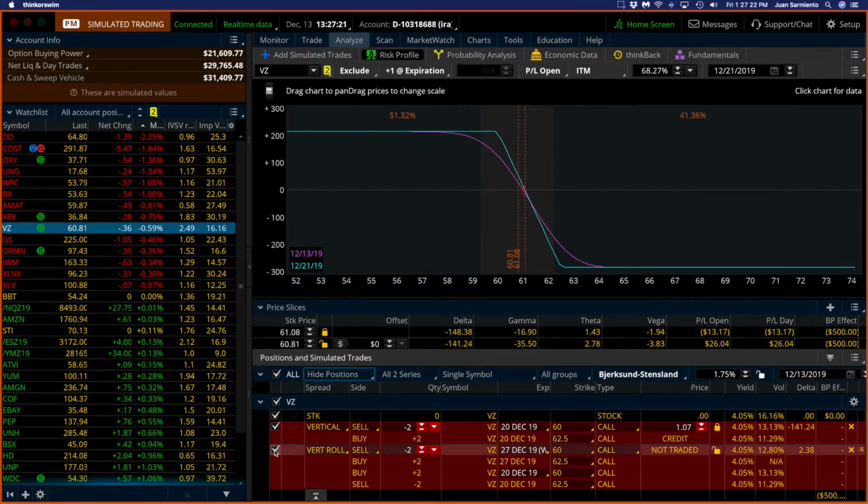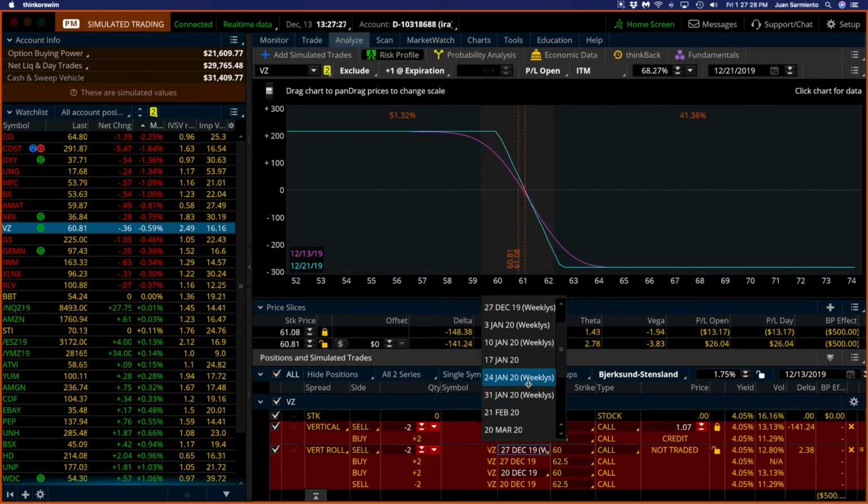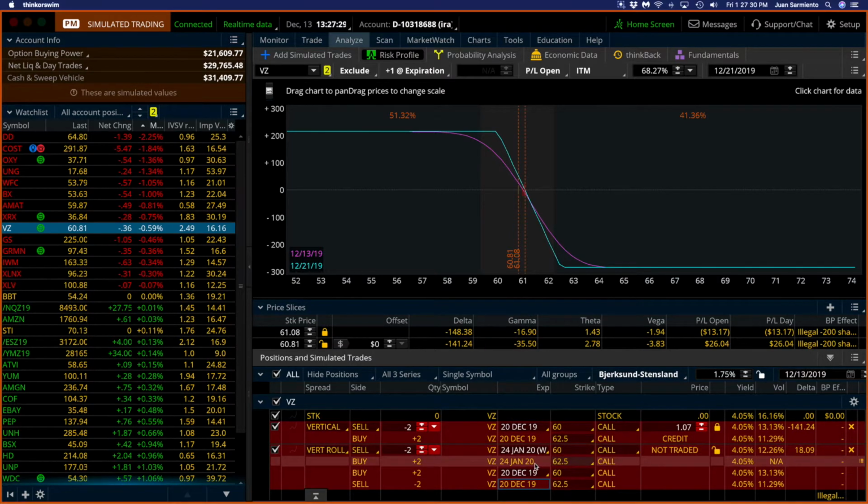This is what it would look like. I'm going to extend it to January 24th. It says not traded, which means the stock simply doesn't have those options. But as we get close, we will reconsider that, and we might be doing that next week.